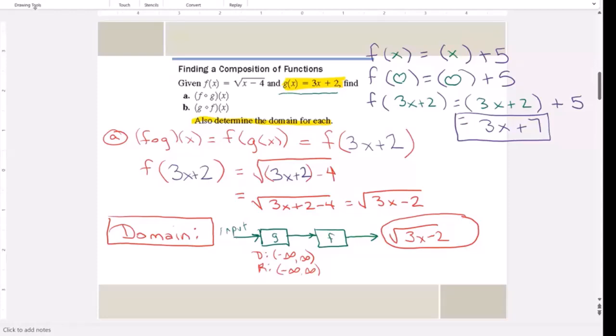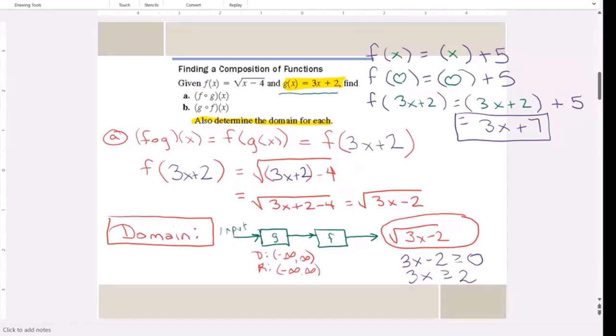So I look at this and I say, well, I have to remember that the only thing that x can be is a value that makes what's under the square root greater than or equal to 0. So to find my domain here, I say 3x minus 2 has to be greater than or equal to 0. 3x, I'm going to add 2 to both sides, is greater than or equal to 2.